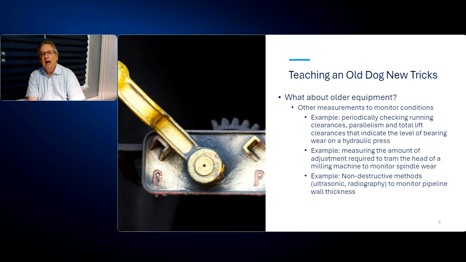Take a hydraulic press. We know we're running into trouble if the running clearances are changing, or it's getting out of parallelism, or the lift clearances are changing enough. That would indicate some bearing wear on the various bearings on a hydraulic press.